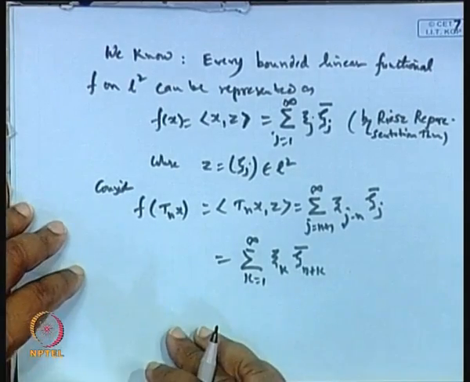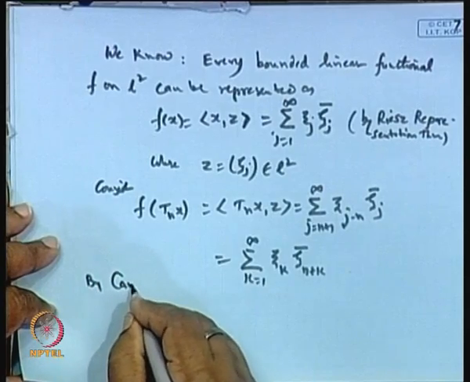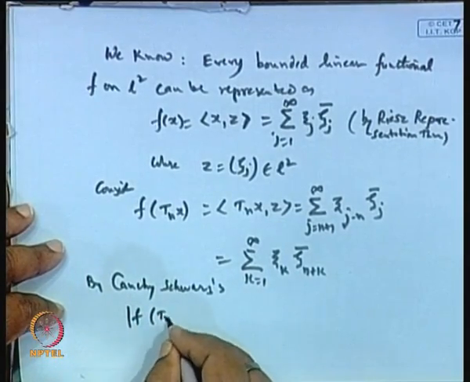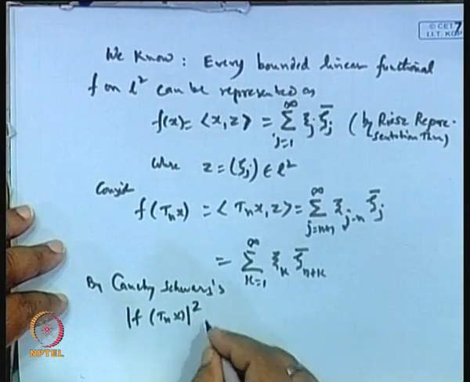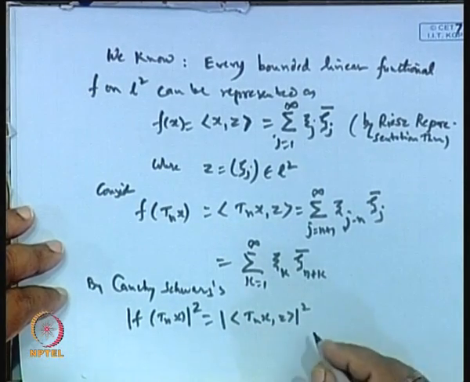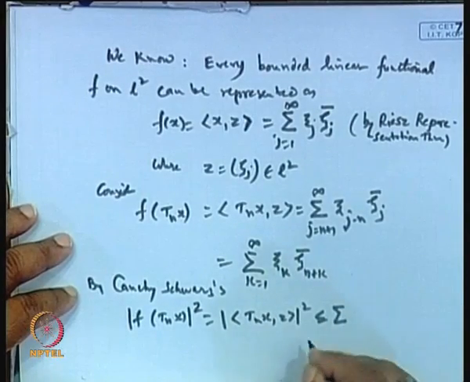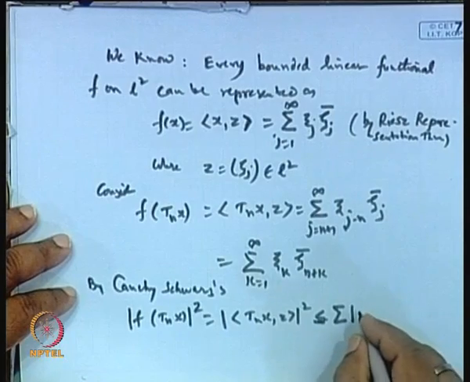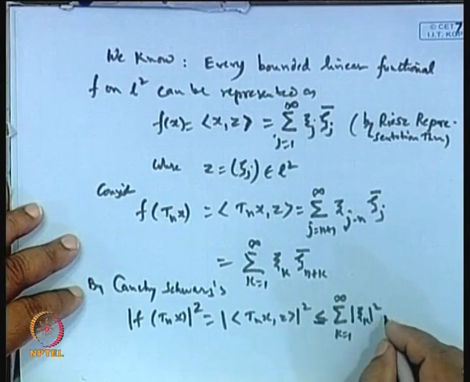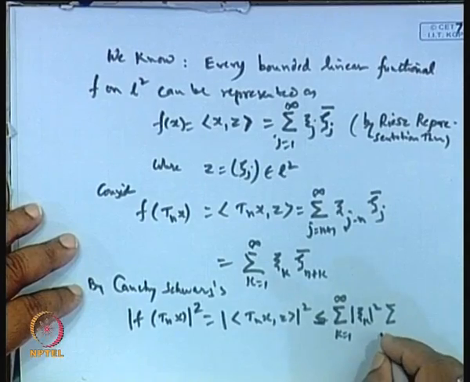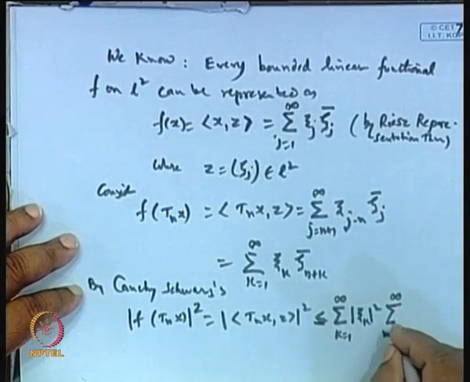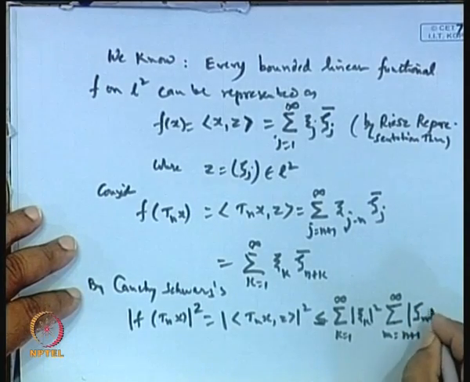Now apply the Cauchy-Schwarz inequality. By the Cauchy-Schwarz inequality, modulus of f(T_n x) squared equals modulus of the inner product of T_n x and z squared, and that will be less than or equal to the sum over k from 1 to infinity of mod xi_k squared, into the sum over m from n plus 1 to infinity of mod zeta_m squared.